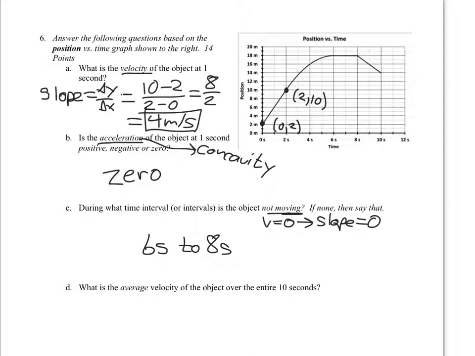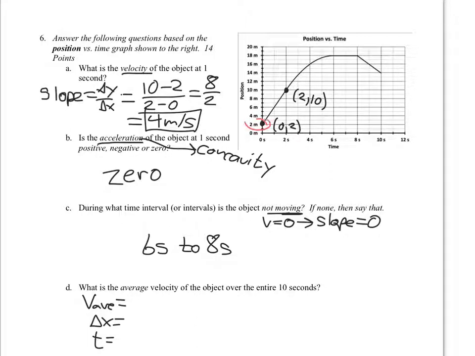Next, I want the average velocity over the entire 10 seconds. In order to get average velocity, what we need to do is set up my average velocity equation. So I'm looking for my displacement and my time. Displacement, I just need to think about my change in position.